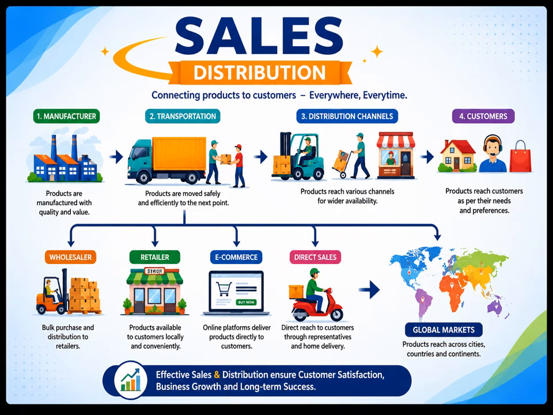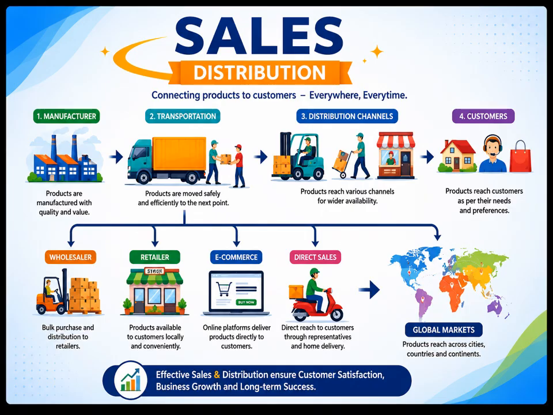On the screen you can see an infographic depicting a typical model of sales distribution. Once products are manufactured or developed in a factory by the manufacturer, they are transferred through a transportation system.